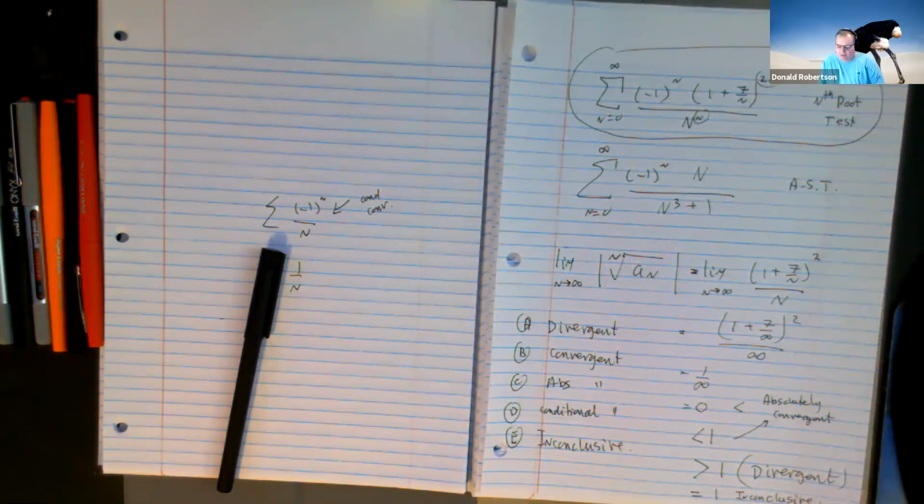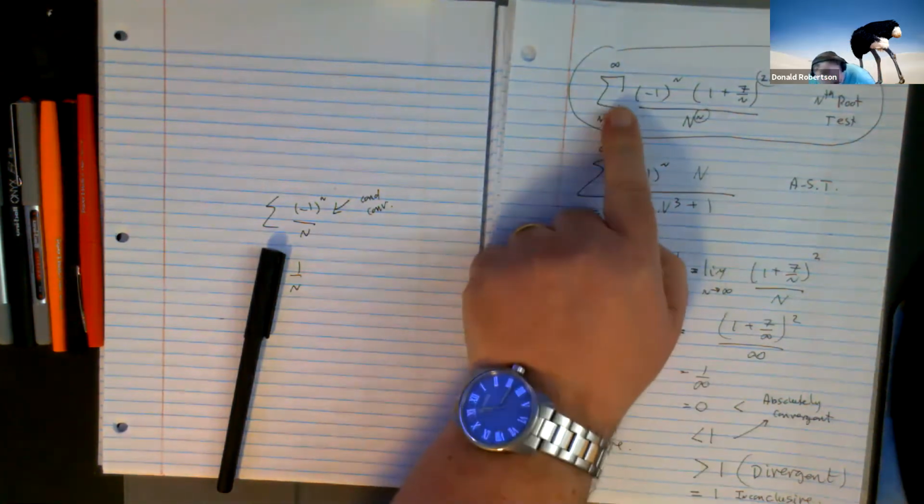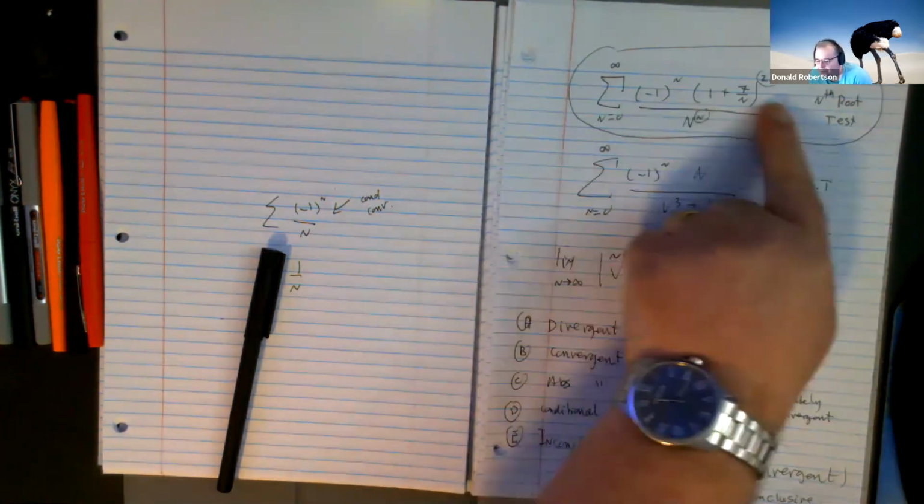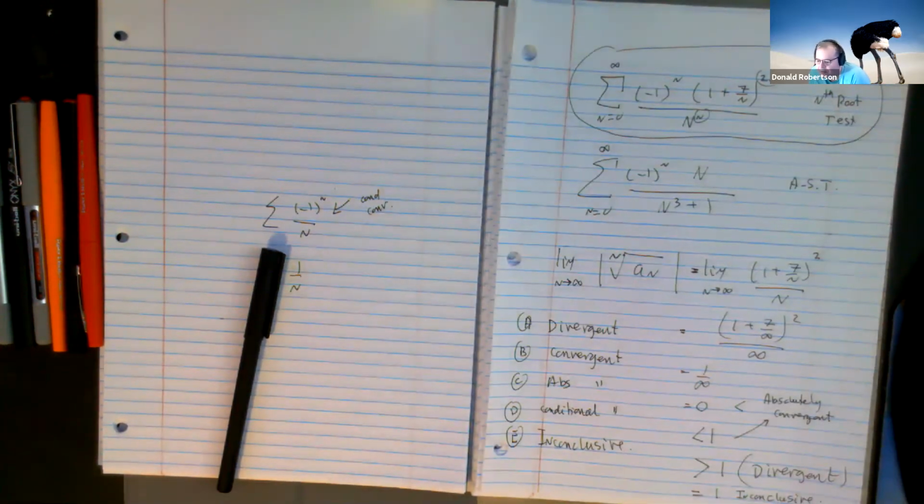If you go to your calculator, there is a way to get your calculator to add up the first 100 terms. And if it's going to be a nice convergent, in this case absolutely convergent, wouldn't you get an answer like 8.22?